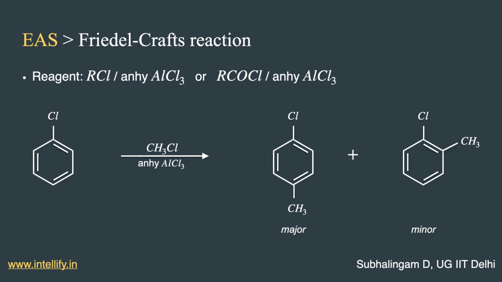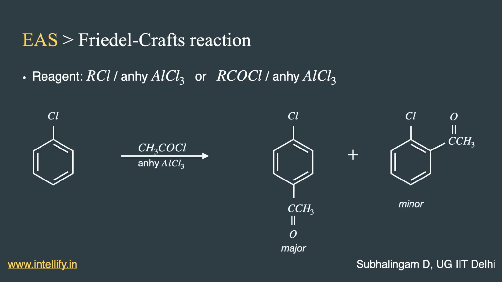The product is a CH3 group at para position, that's the major product, and the minor product is the substitution at ortho position. Now if we take RCOCl instead of CH3Cl, we get COCH3 at para position instead of CH3 as major product and COCH3 substitution at ortho position as minor product.